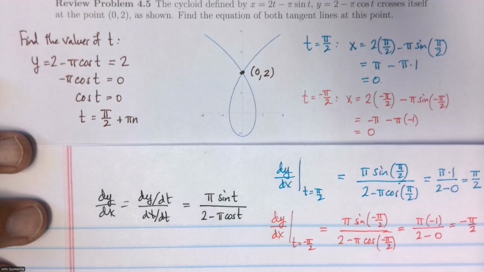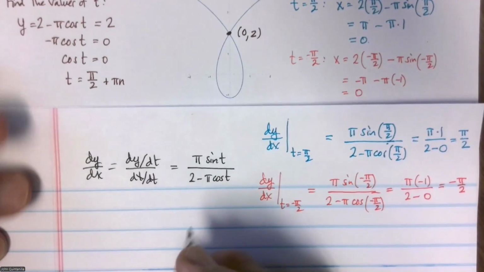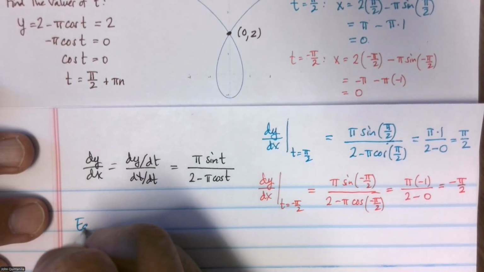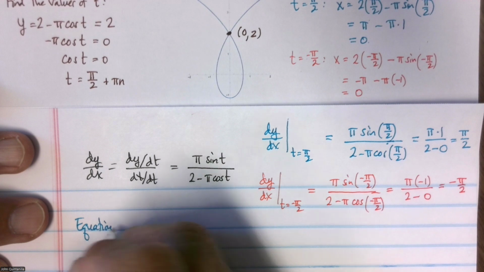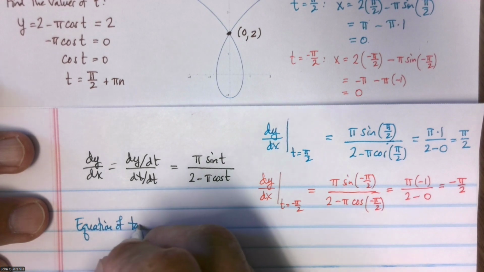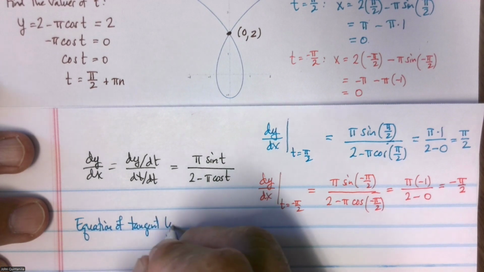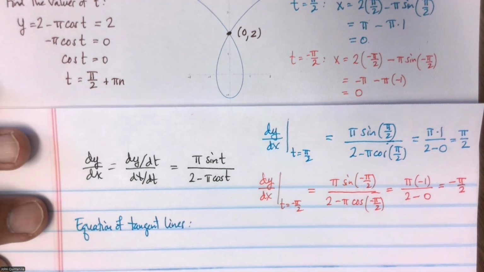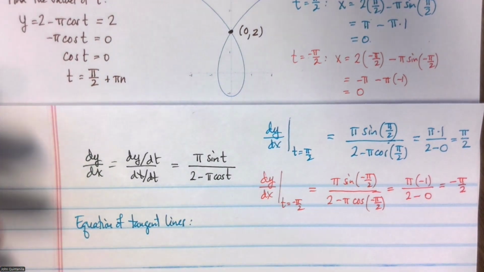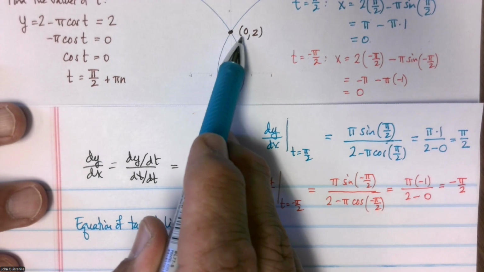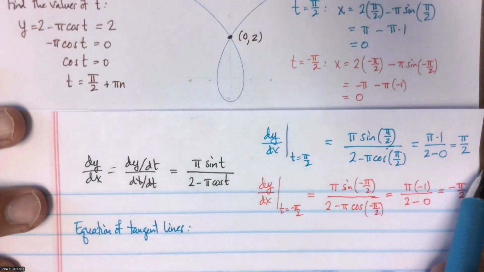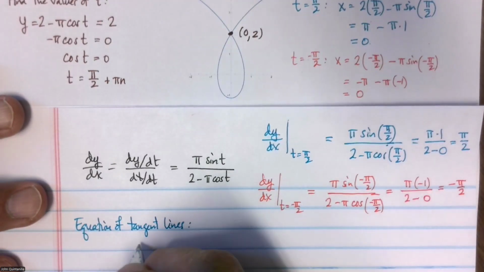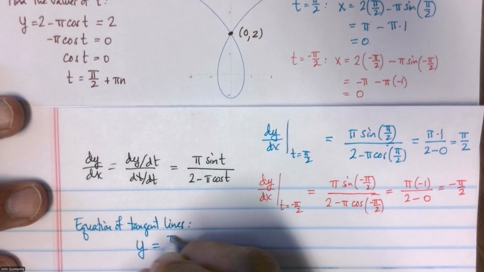So finally, the equations of the tangent lines. Okay, I have the y-intercept is 2, and the slope is pi over 2 or negative pi over 2. So I've got everything I need. y is equal to pi over 2 times x plus 2.